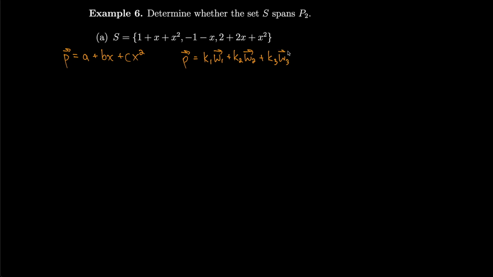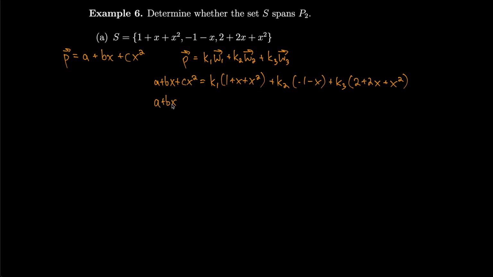So I'm looking for constants K1, K2, and K3 that'll make P a linear combination of W1, W2, and W3. So I'll write P as a plus bx plus cx squared, and I'll set that equal to K1 times 1 plus x squared, plus K2 times the second one, which is minus 1 minus x, plus K3 times 2 plus 2x plus x squared.